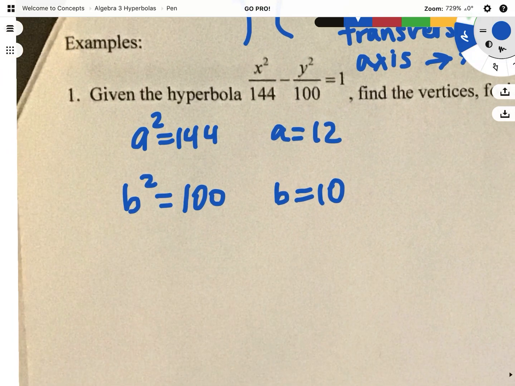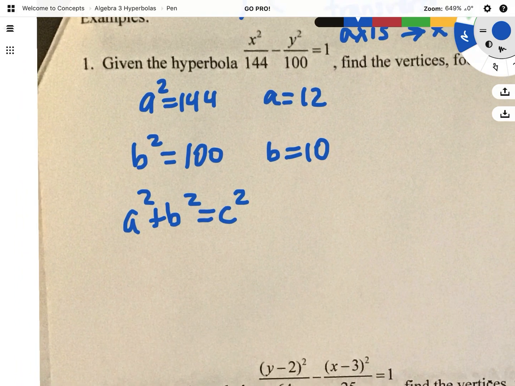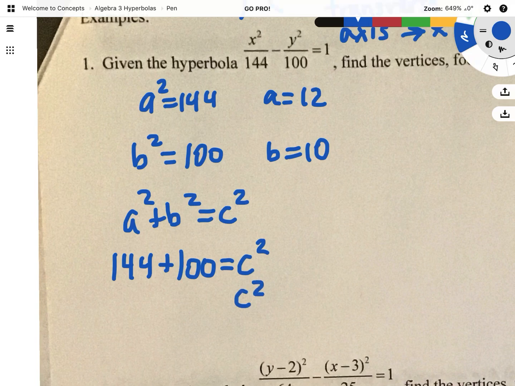And now we want to find out what c is, because c is going to help us find the focus point. So use a squared plus b squared equals c squared. Plug in what we know. Well, we know a squared is 144. So 144 plus 100 is equal to c squared. C squared is equal to 244.